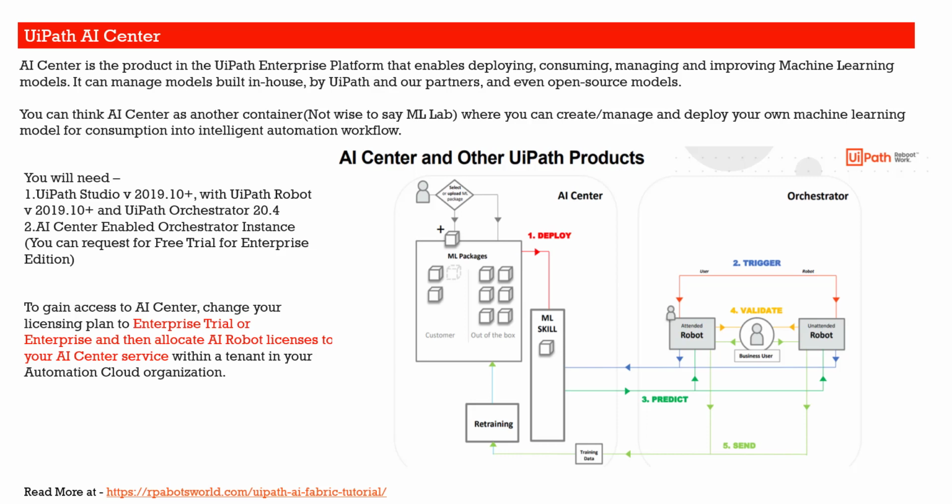AI Center helps you to orchestrate all the moving pieces of AI. That means you should be able to deploy your machine learning model, consume your machine learning model, manage it, and also run your pipeline to improve the machine learning model by training on your dataset.